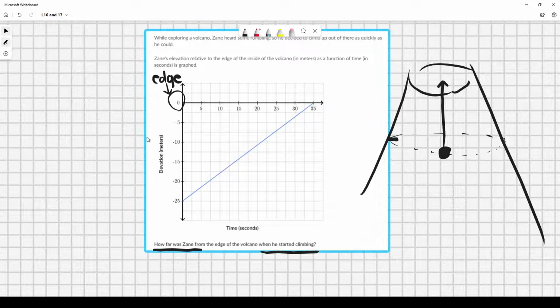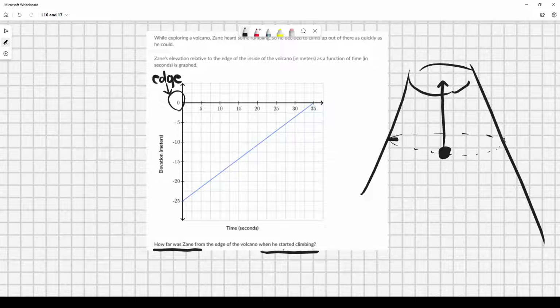We're talking about the elevation here. When he started climbing. Yep, Chloe. Chloe said negative 25. That is the correct answer.